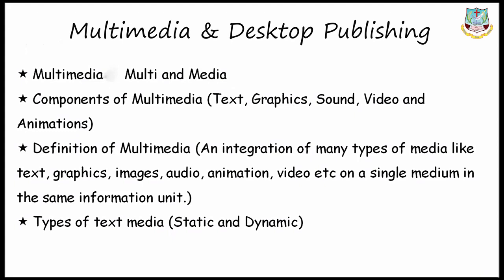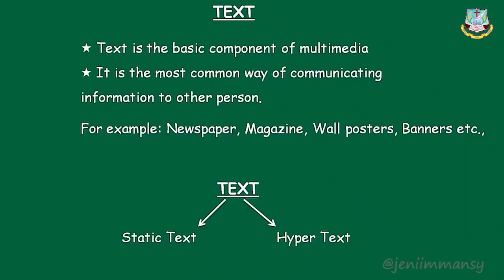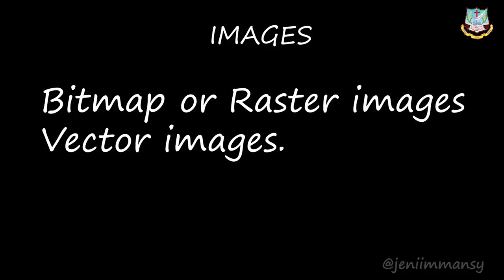Then the next one, components of multimedia. What are the components of multimedia? Text, graphics, video, animation, audio. These are all the components of multimedia, right? What are the things which come under text? We have two types of text: static text and hypertext. In images, we studied bitmap images or raster, and then another one is vector images.